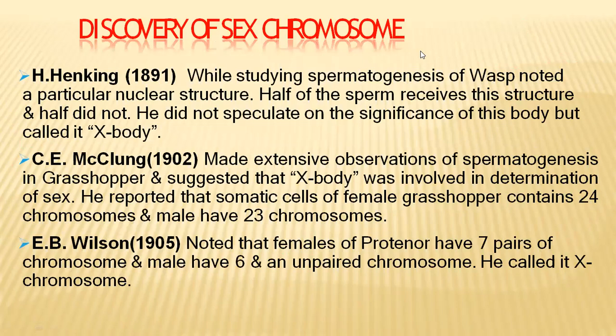First of all, let us see the history of the sex chromosomes, how they were discovered. In 1891, H. Henking was doing experiments on wasps. He was studying the spermatogenesis process in these wasps. During his studies, he observed a peculiar nuclear structure in the sperms of these wasps.